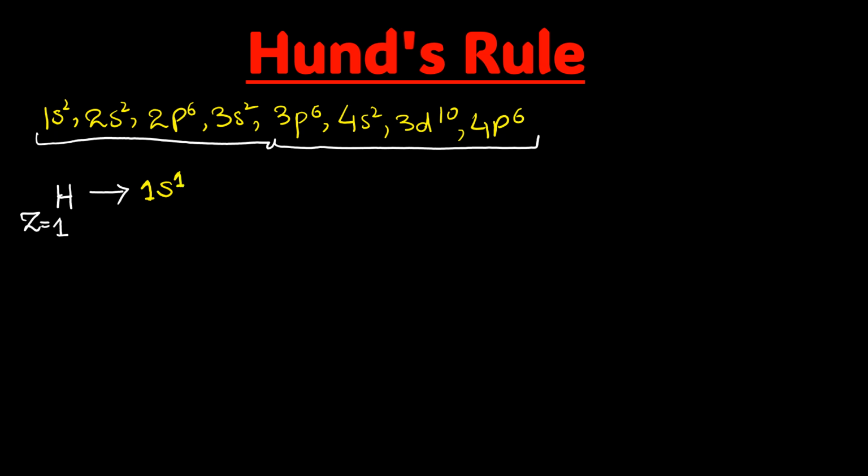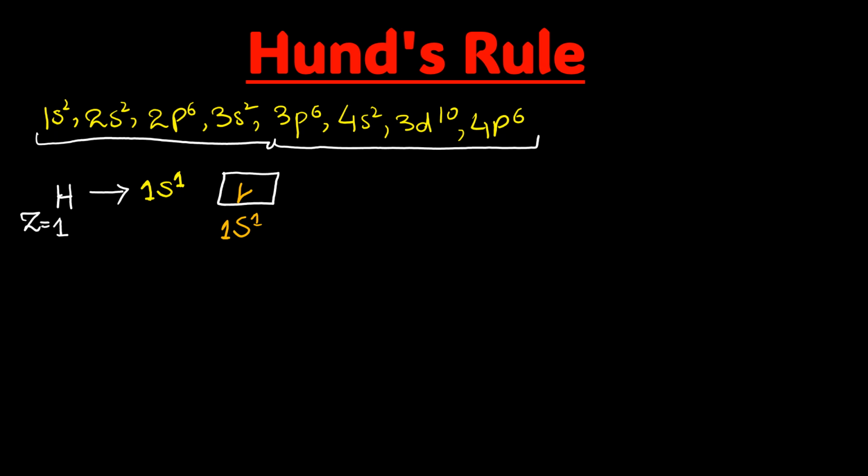As you know, the s subshell has only one orbital, and it will be filled by an electron in either a spin up or spin down state.